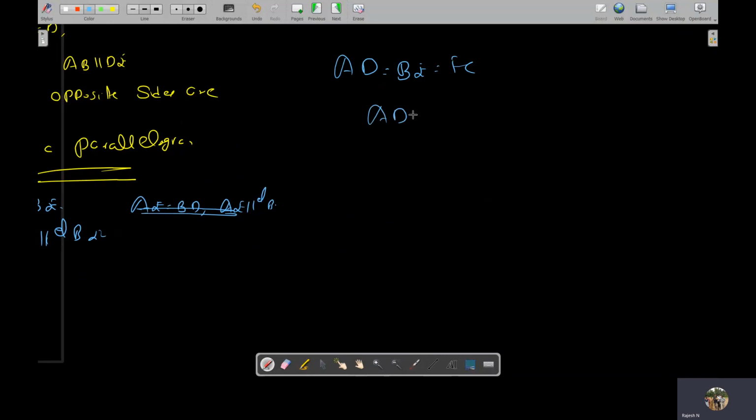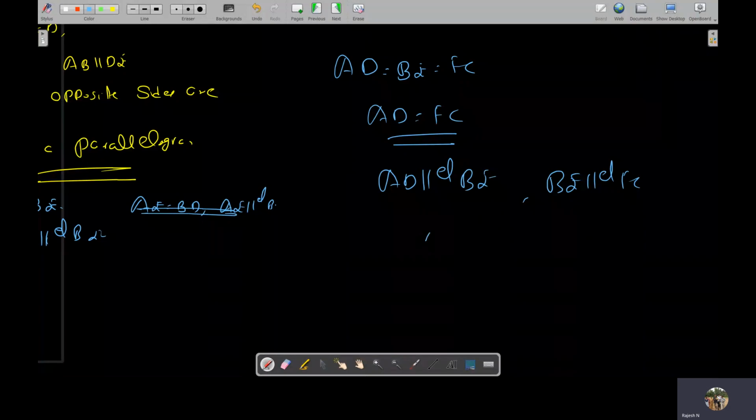So that means AD is equal to FC. Similarly, AD is parallel to BE and BE is parallel to FC. Therefore, what can we say? AD is parallel to FC. So AD is equal to FC, and AD is parallel to FC.